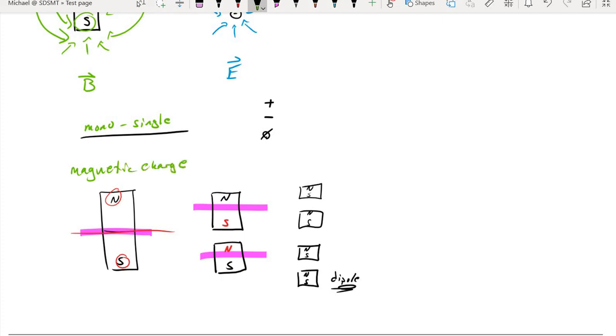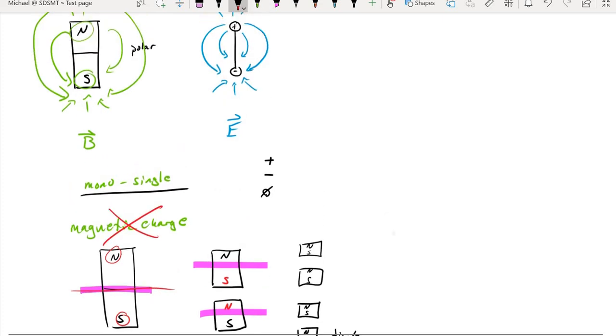So instead of trying to define some kind of a magnetic charge, what we're going to do is we're just going to stick with the idea of electric charge, and we'll see how these electric charges influence the outcome of how a magnet is made and how that magnet is going to behave.